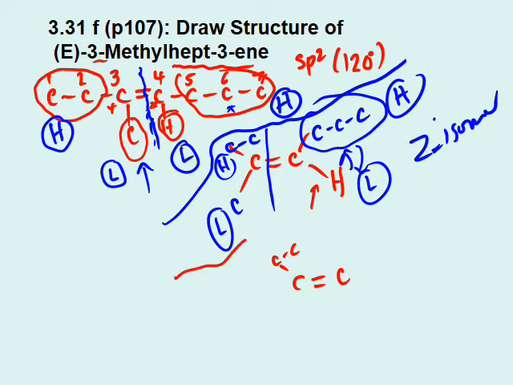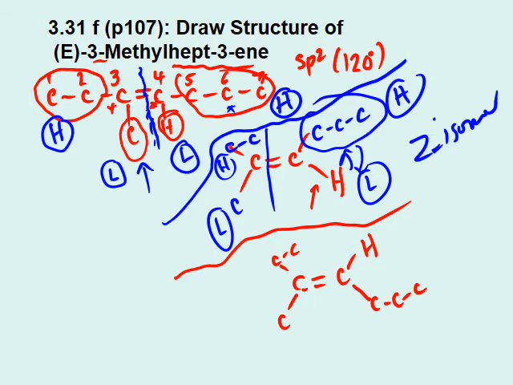Let's draw a line here, and this is C here. And remember, I'm going to switch, so C would be at the bottom and H should be on the top.